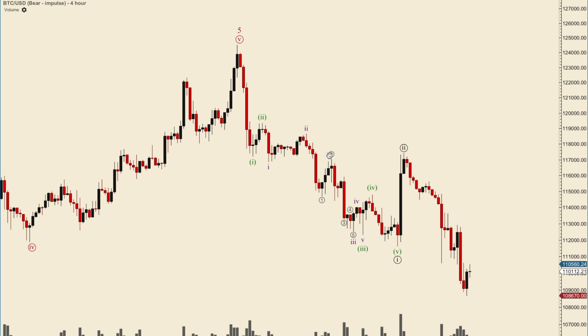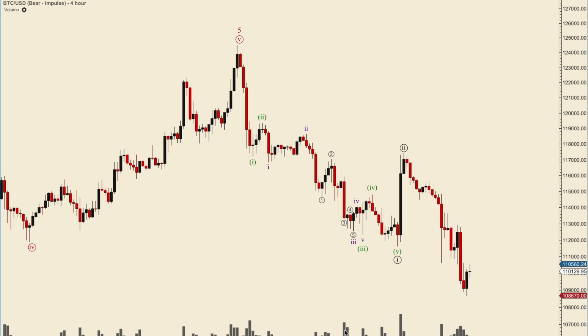And the same here, where the time between wave 2 and wave 4 is also almost not 0.382, which is very uncommon. So it doesn't have the greatest proportions of being an impulse.